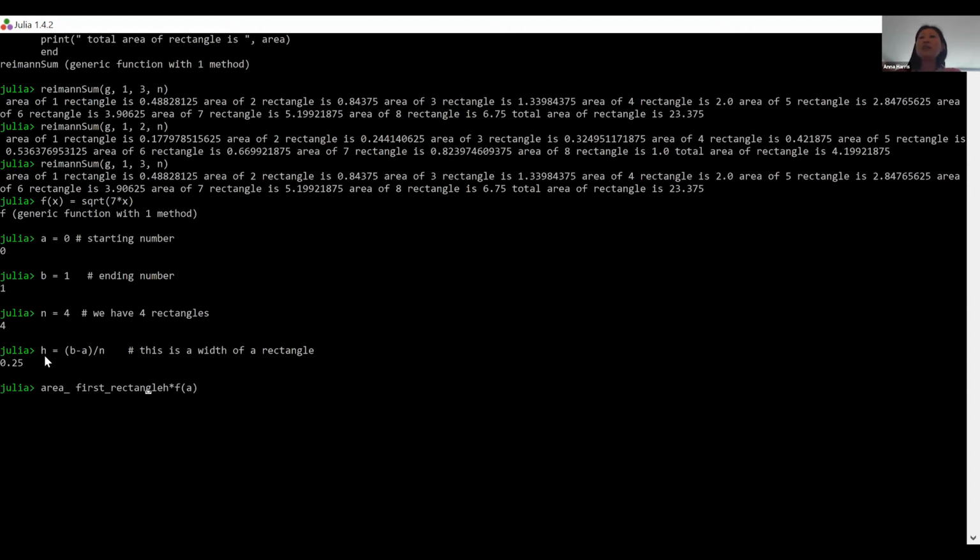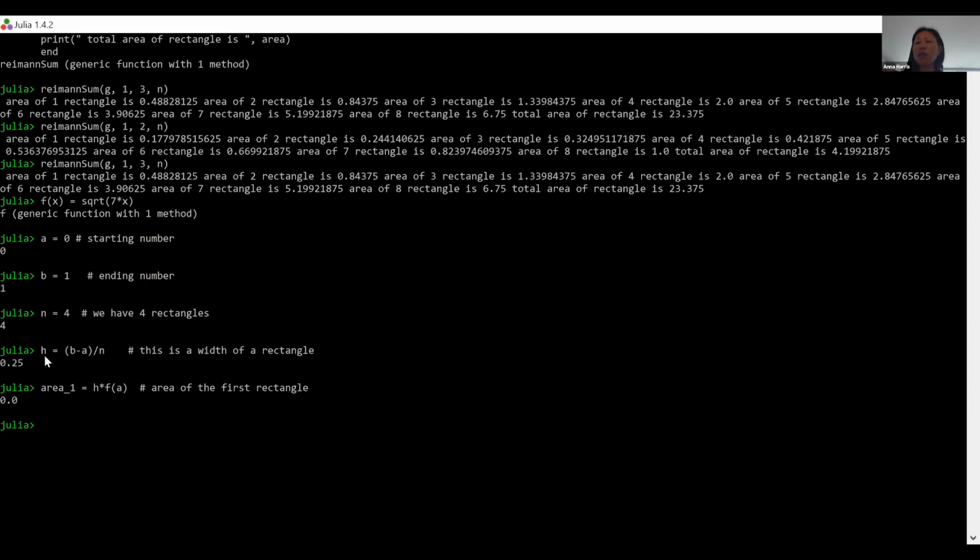Area of first rectangle is equal to this. How about I just call it area 1, so it'd be easy on me. So it says that's equal to f of 0, which is what we expected.